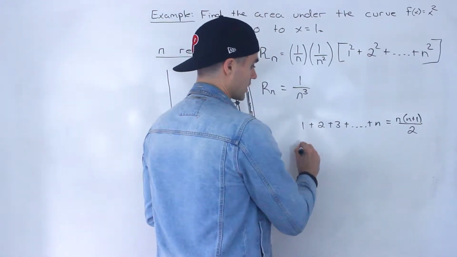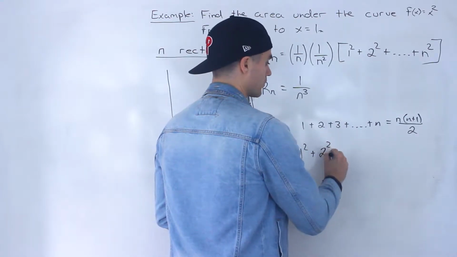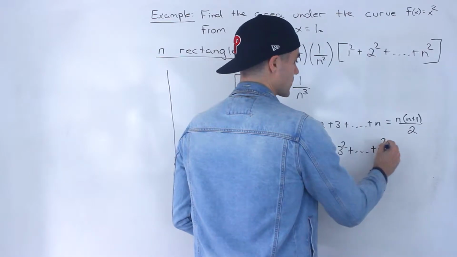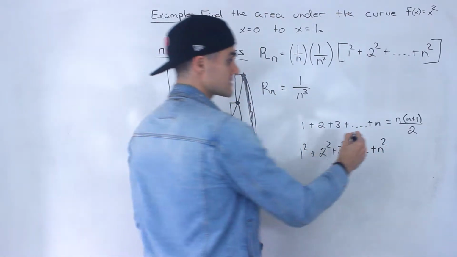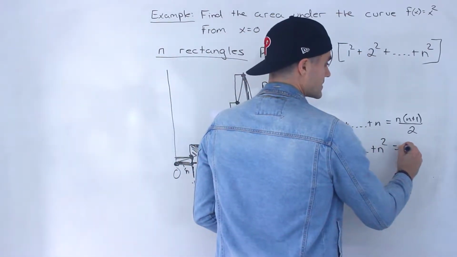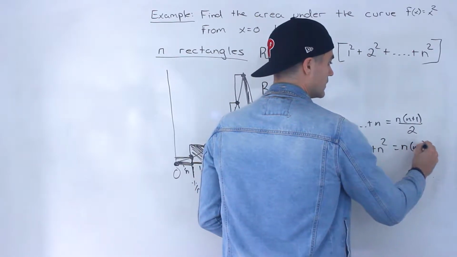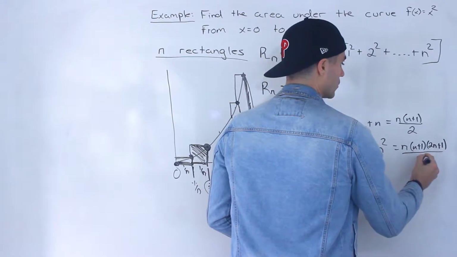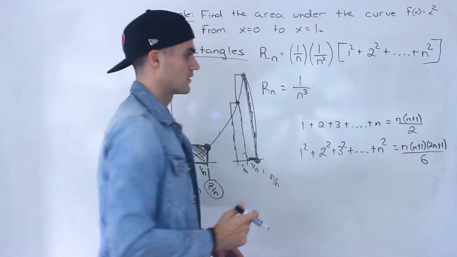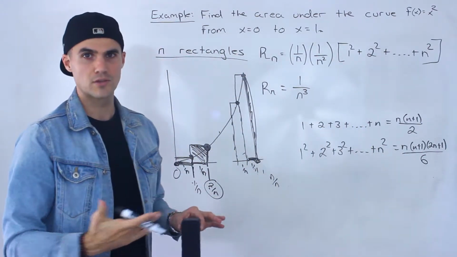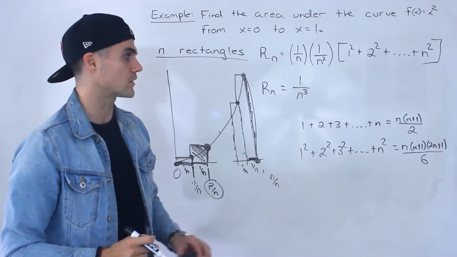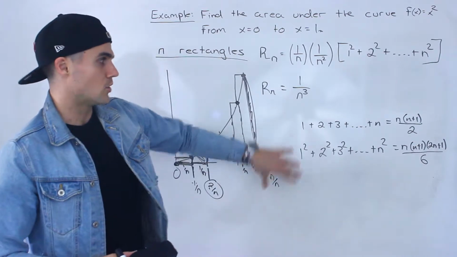So if you are taking 1 squared plus 2 squared plus 3 squared all the way to n squared, the formula for that is n times n plus 1 times 2n plus 1 all over 6. Right, and there are going to be other formulas that we may use throughout the unit as well, and if we do need them, I'll continue bringing them up. But you have to know these formulas.